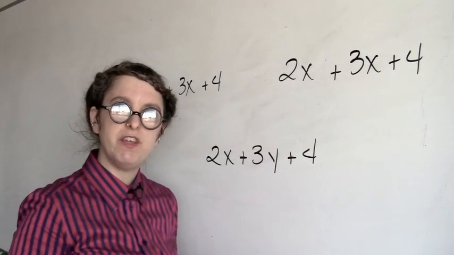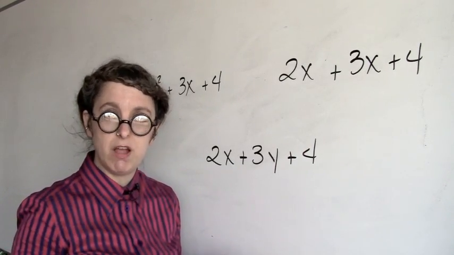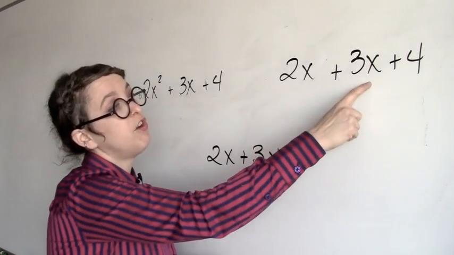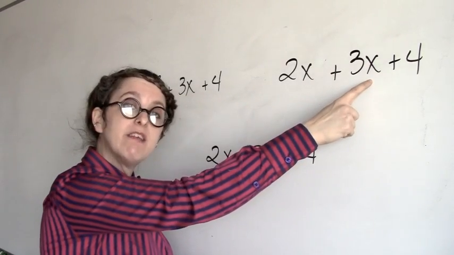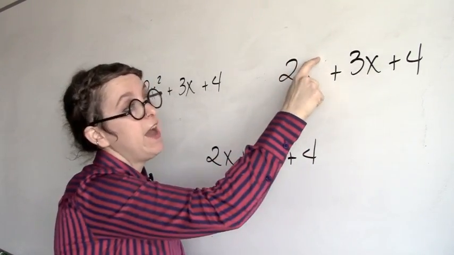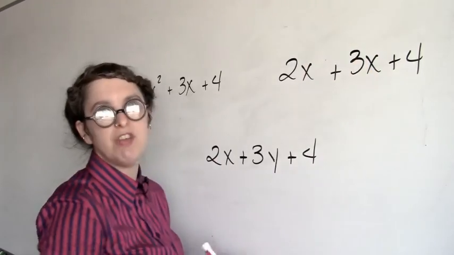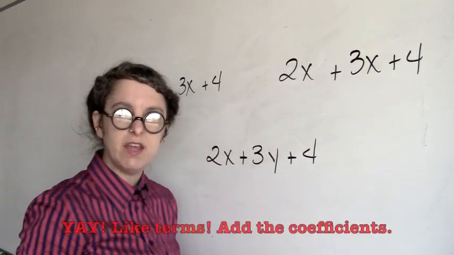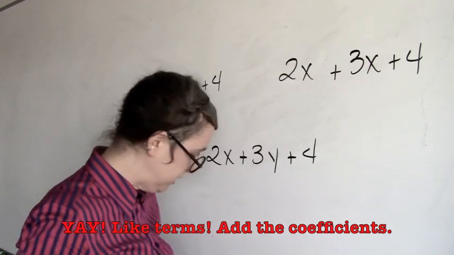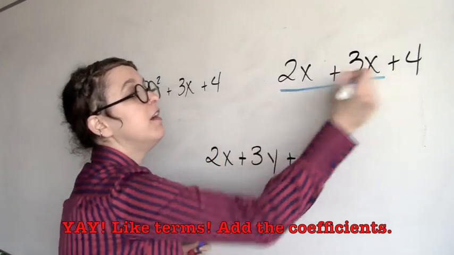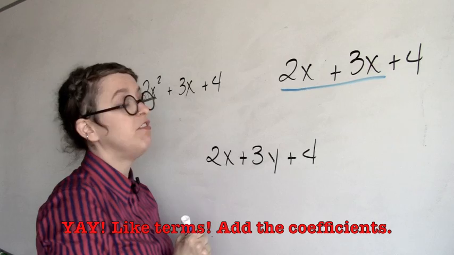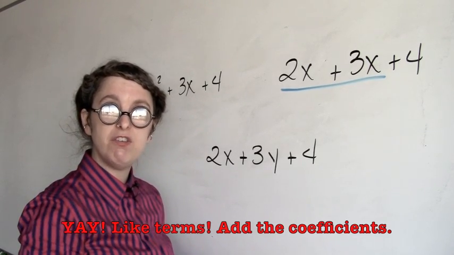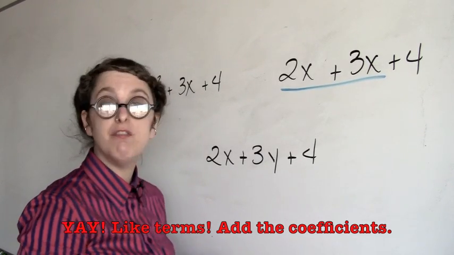This last one over here is a perfect example of like terms. We have two terms, they both have x's in them. The exponents on those x's, which happen to be invisible 1s in this case, match exactly. So you can combine some like terms here, and what you do is you add the numerical coefficients on the front of the variables.